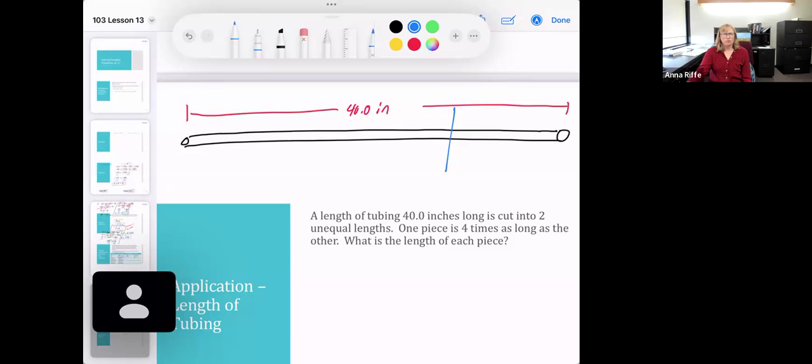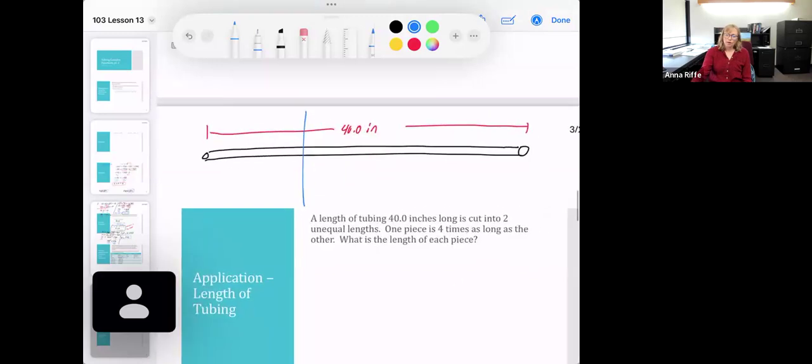We can kind of get an idea of what this question is asking by a little bit of trial and error. Let's just make a guess. Let me maybe make the first piece a little smaller just for my illustrative purposes.